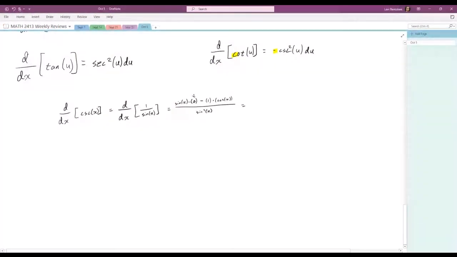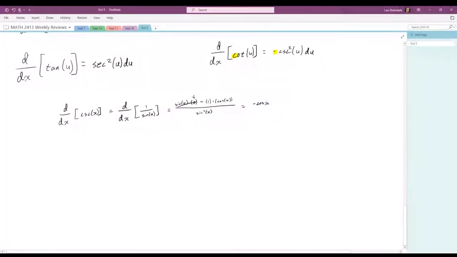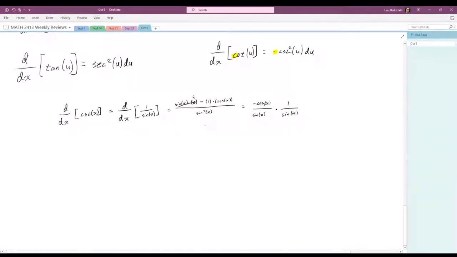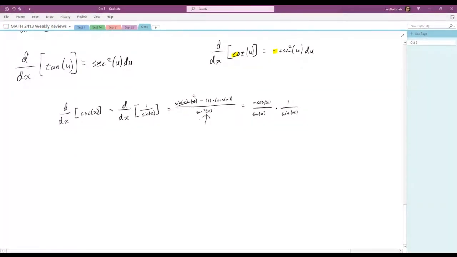This, because it's got a 0 here, just goes to 0. So we have negative cosine divided by sine of x times 1 over sine of x. All I did is I split up my sine squared on the bottom and rewrote.